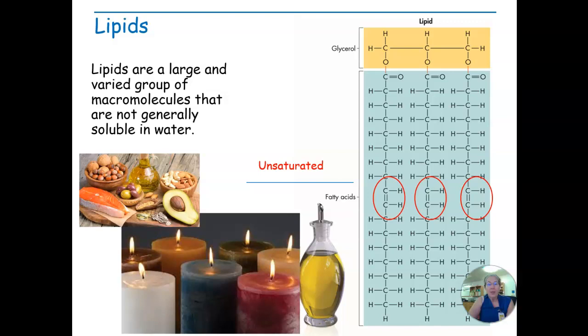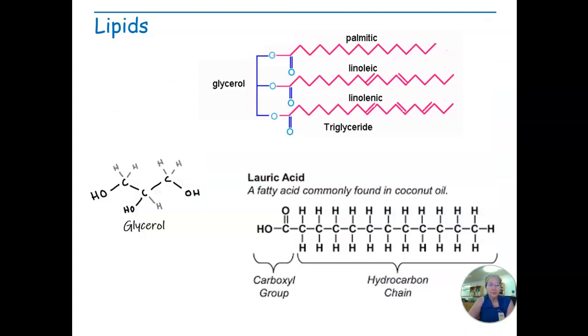If this double bond was broken, there would be another hydrogen here and another hydrogen here, and that would make this one saturated. So again, just another way of looking at it. Here, this is saturated because it has all the hydrogens in all the possible places.